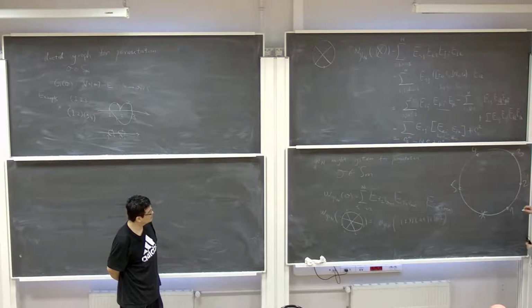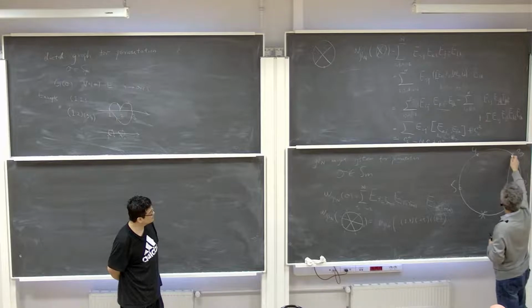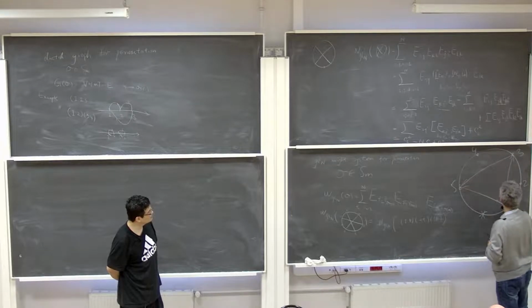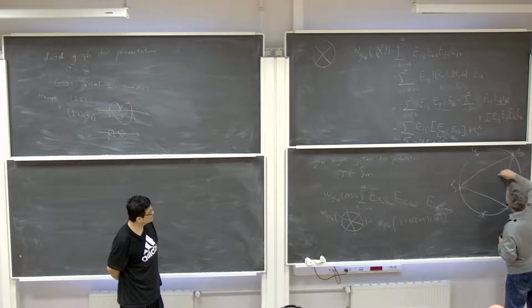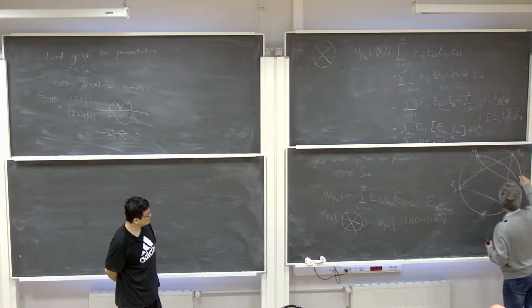We have a permutation, so we know the image of each point: 1 goes to 3, 3 goes to 5, 5 goes to 1, 2 to 4, and 4 to 2.